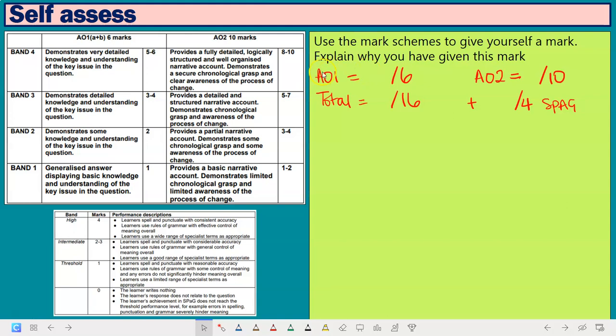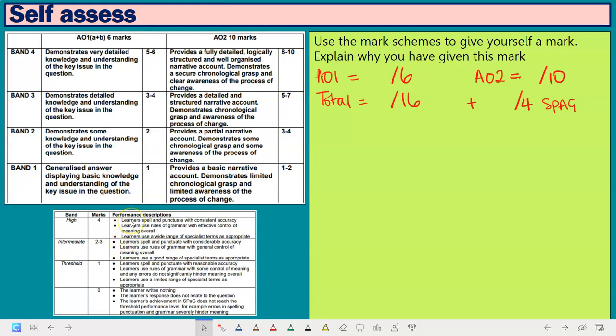So you give yourself a mark for AO1 and AO2, and that gives you your total out of 16. So if I'd given myself 4 for AO1 and 5 for AO2, I'd have 9 out of 16. You then need to look at your SPAG, and if you've got general accuracy, most of your words are spelt correctly, and you've made an attempt to use specialist terms, then that's going to be around 3 marks.